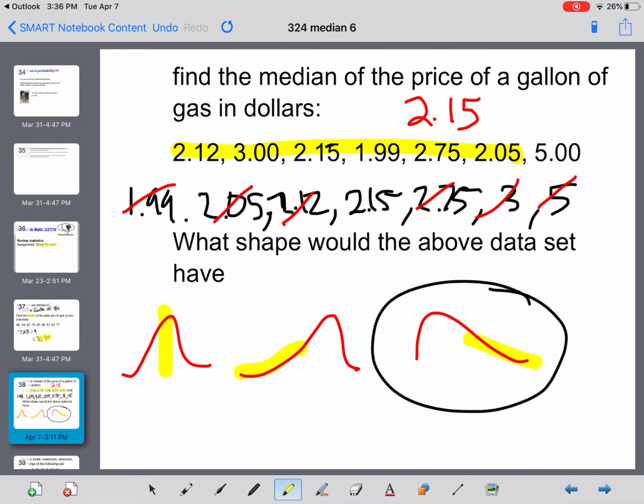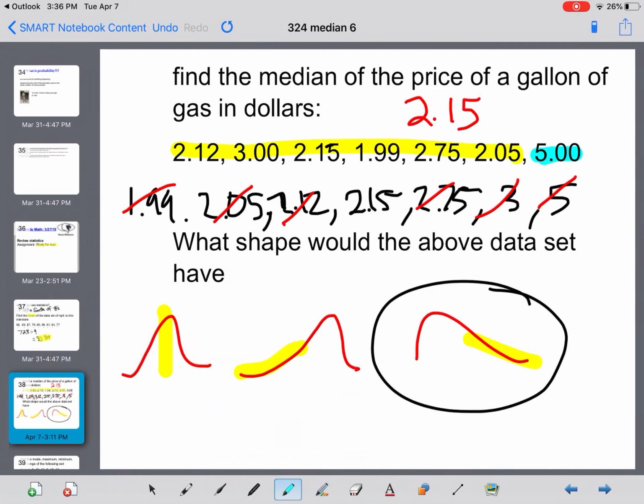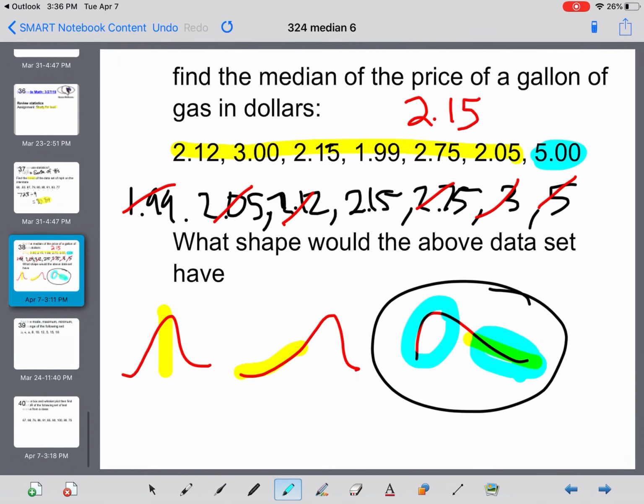We range about $1, from $1.99 to $3. But now, if we look at the 5, it's kind of out of the range of all of those. So that 5 would be where this tail is right here, because right here is all the other numbers, and then 5 on a number line is going to be way out here. Okay?